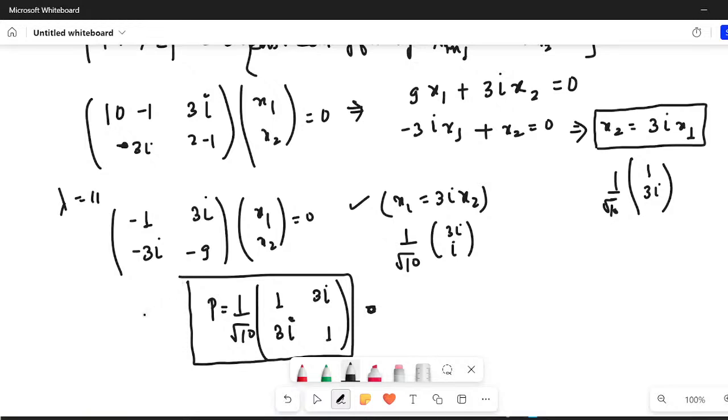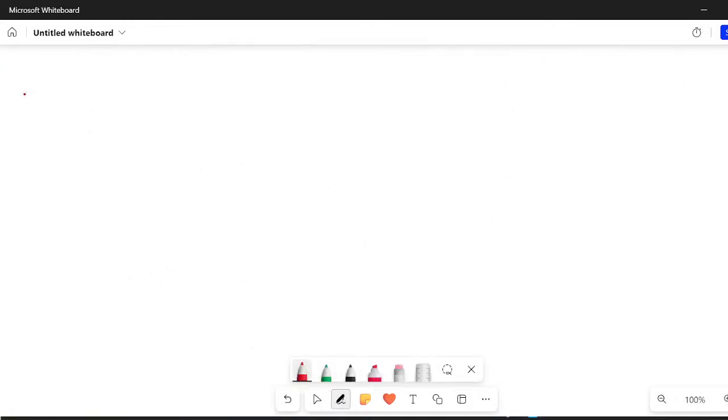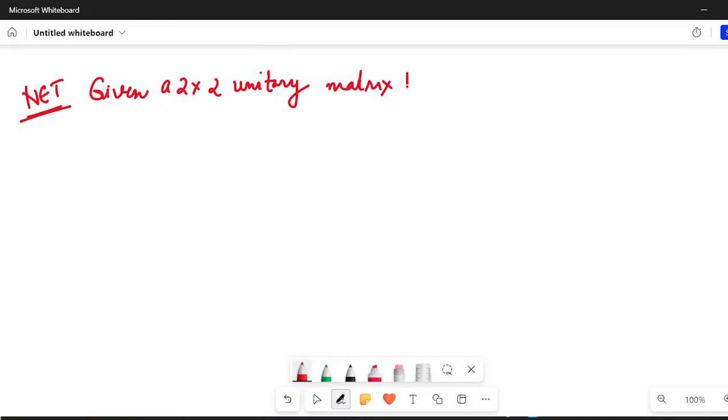So let us do a question from NET exam, and the question says that given a 2 cross 2 unitary matrix U satisfying U dagger U is equal to U U dagger is equal to identity.